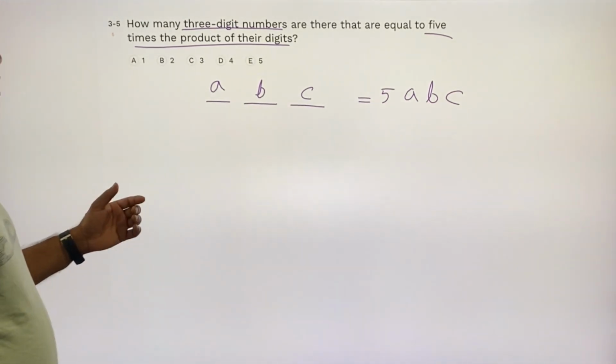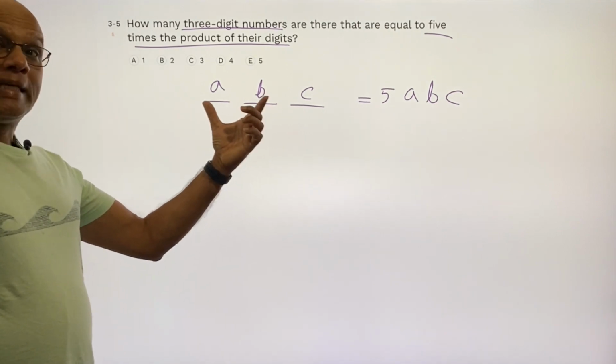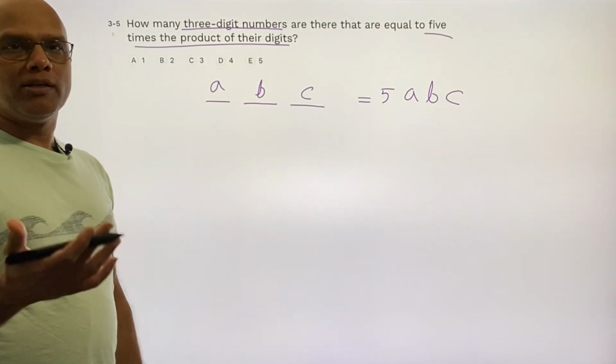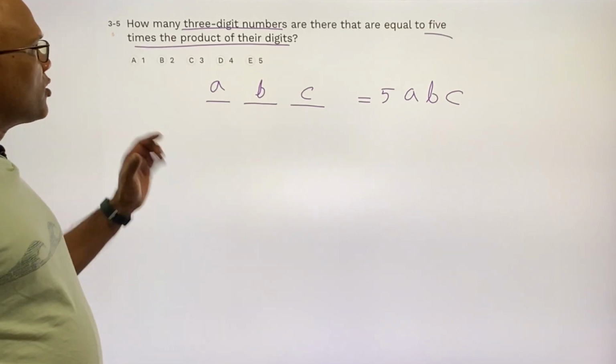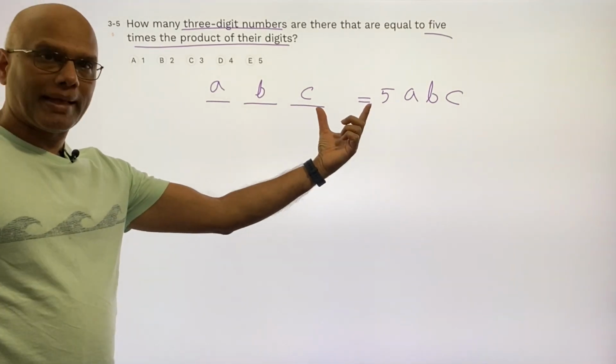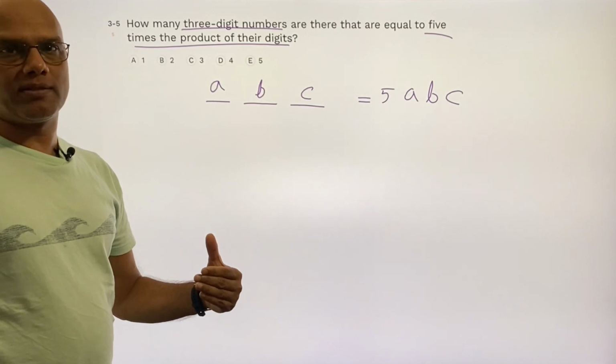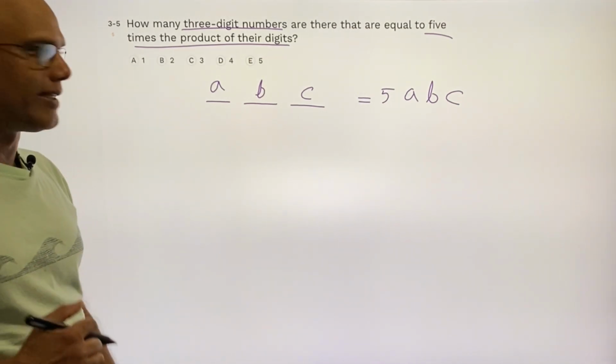Of course we can try out all the 3-digit numbers from 100 to 999, but there are too many numbers to try, right? So given this requirement, let's see if we can deduce some conditions so that we can narrow down the choices.